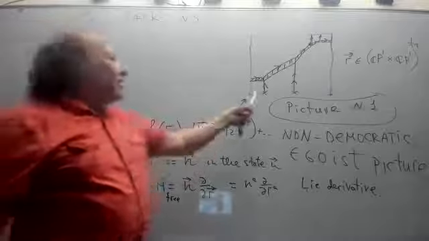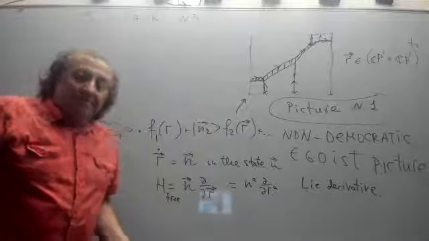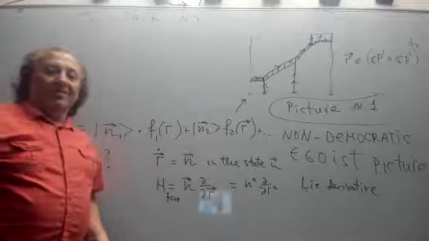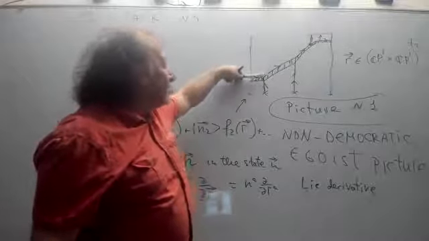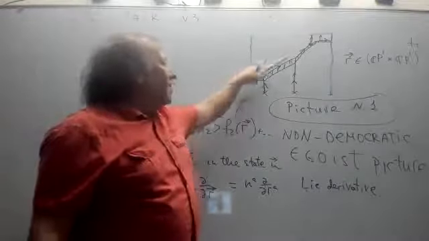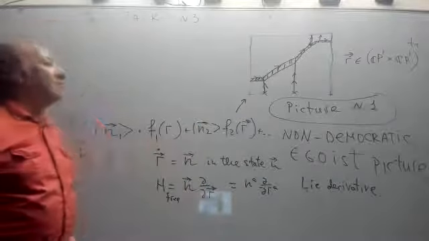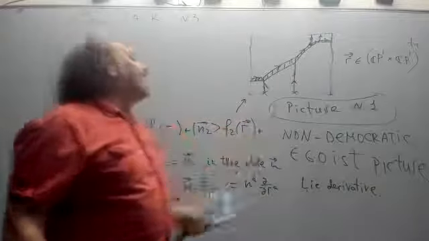What does interaction do? It changes momenta. Okay? So here the particle had momenta that was horizontal. Here is the interaction that hit it. And then the particle goes this way. Here, a similar thing happens.